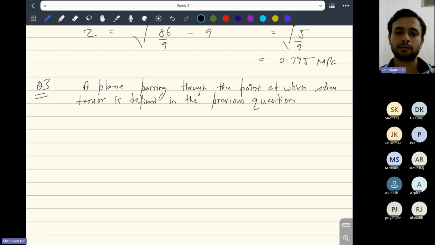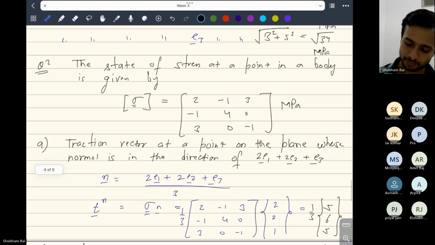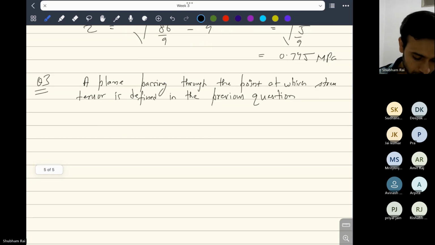So let's say you have a plane which is passing through the point at which the stress tensor is defined in the previous question. So a plane is passing through this point, and the plane is also parallel to another plane.